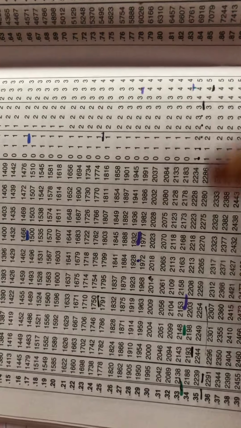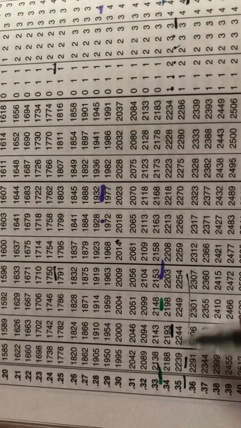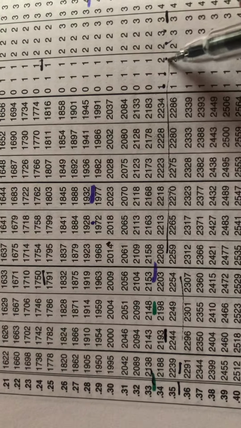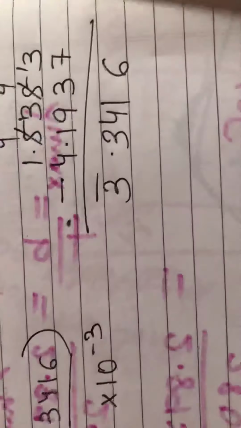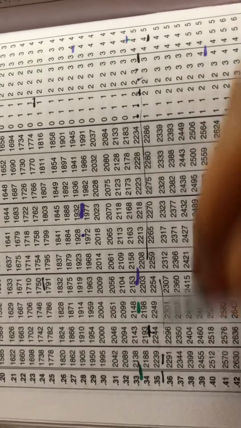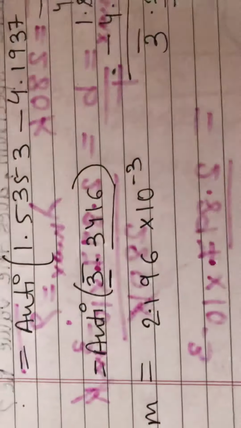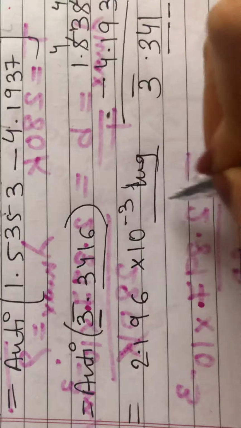So 2193 plus 3 is 2196. 34 1 is 2193 and 6 is 3, so it is 2193 plus 3, 2196. After one digit we will put the point, and here we have found the linear density. The unit for linear density is kilogram per meter.